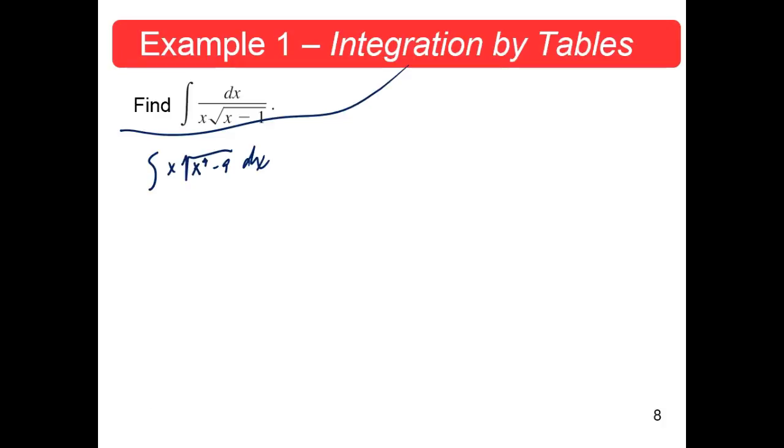This is not a form that involves a plus bu. Not quite. Nor is it a plus bu plus cu squared. It kind of looks like square root of a plus bu, but it's to an upper power. So we'll hold off on that for a moment.